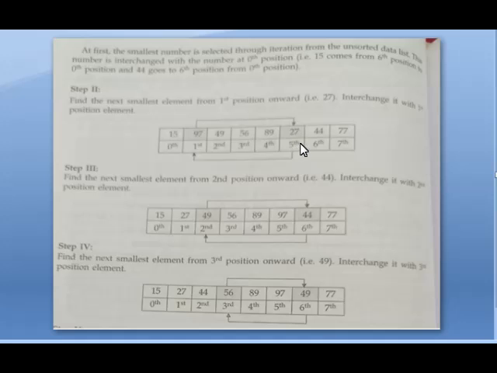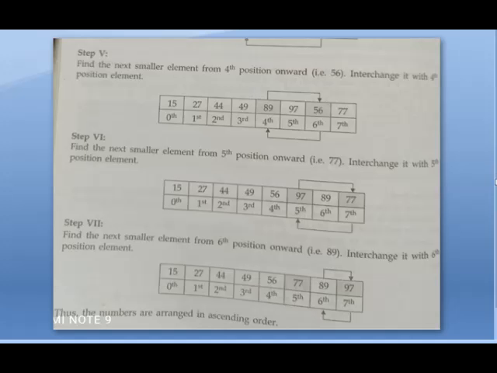This is the smallest element, so 27 will come here and 97 will go there. Like this, we have to follow every step. You have to take a paper and do it step by step. So in the seventh position, it is arranged in ascending order. Here we stop the sorting technique.